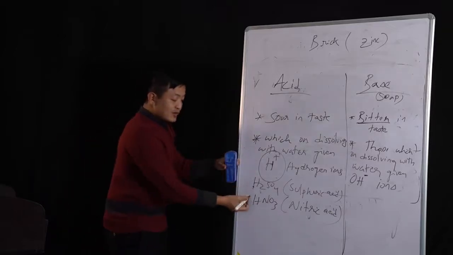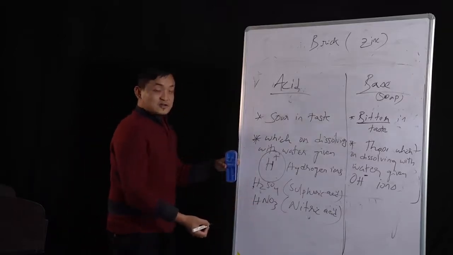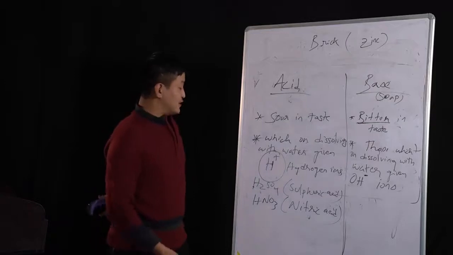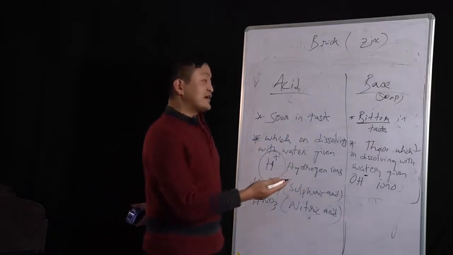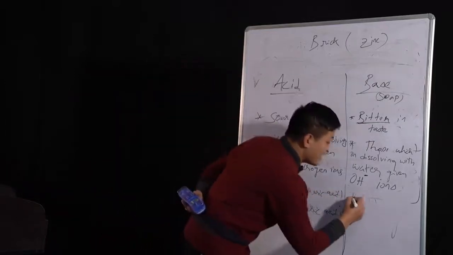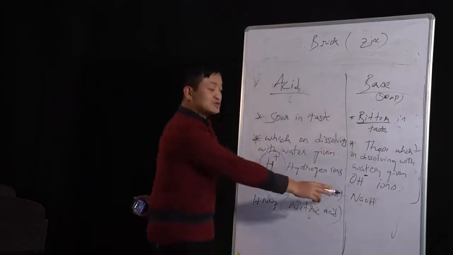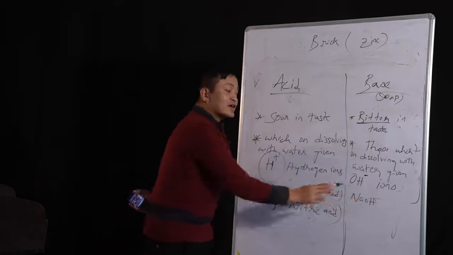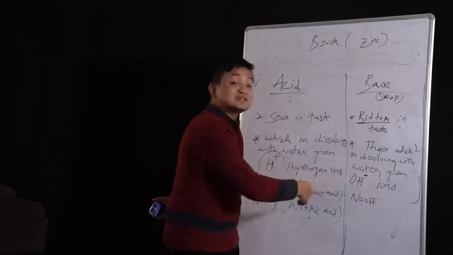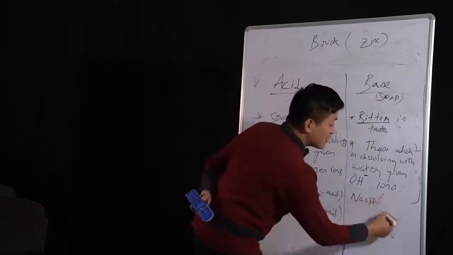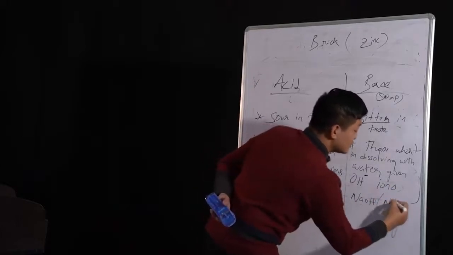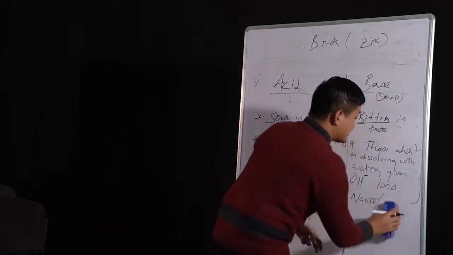So even here we get to see H. Clear? So now let's take an example for base. NaOH is a base. Why? Because we get to see OH here, and I have already said that OH means it's a base. So NaOH is sodium hydroxide.